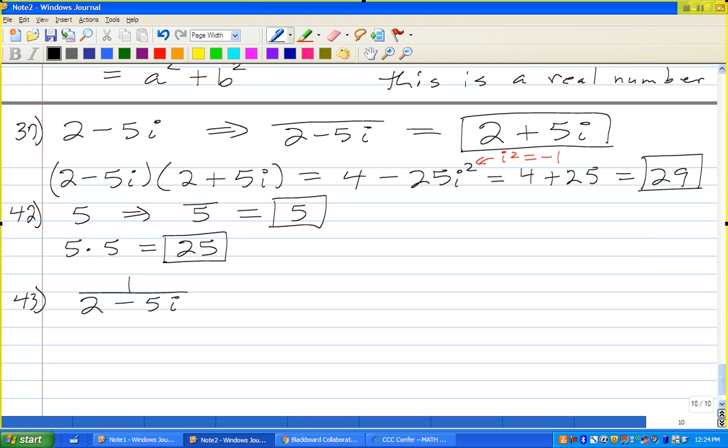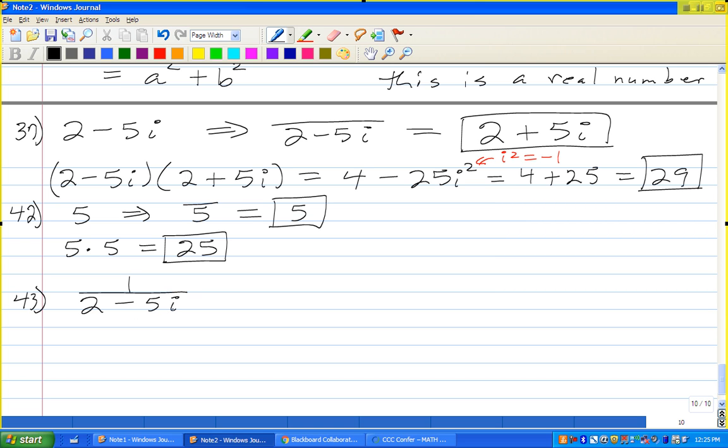In exercises 43 through 50, find the quotient and write your answer in standard form. Okay, so I want to write this in standard form, but I want to get rid of the complex part in the denominator.